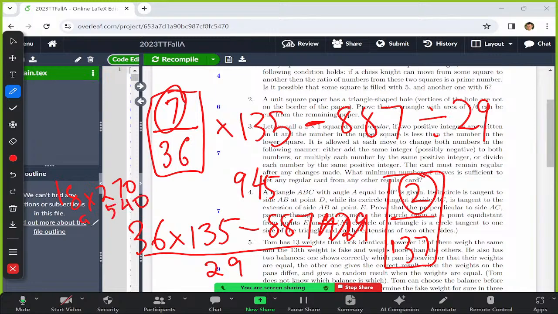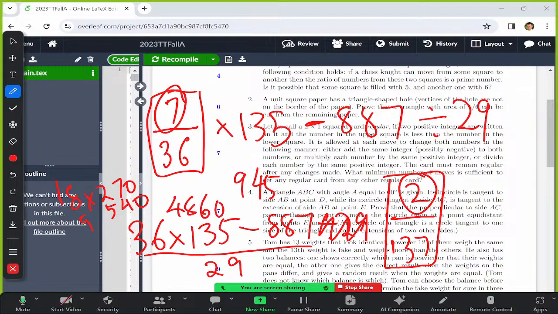540 times 9 is like 4,860. Is that what you got? Alright, so that's 4,860.